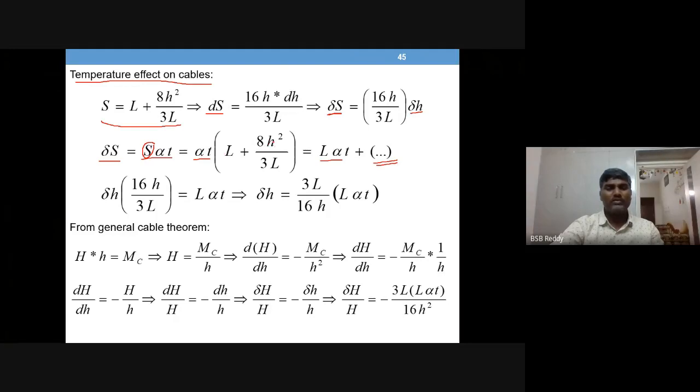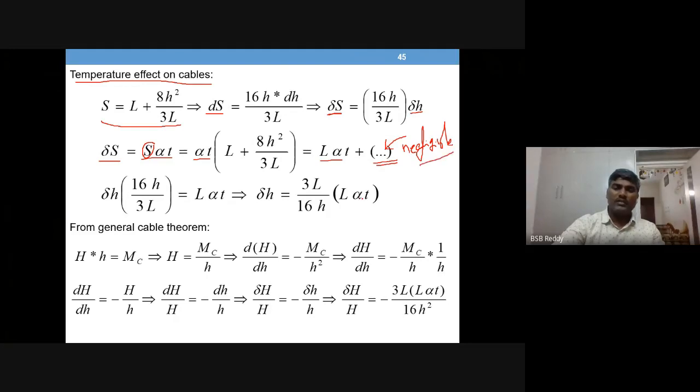H by L itself is a negligible value because L will be 100 meters or so practically, and H will be maybe 2 or 3 meters. So H by L is negligible, and the square of H by L is much more negligible. That is why this second term we are neglecting.